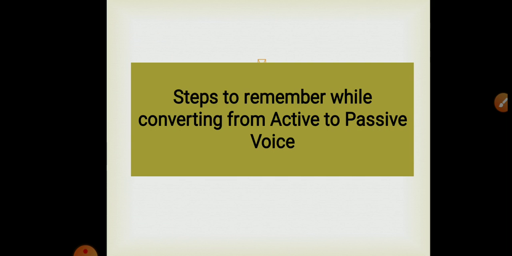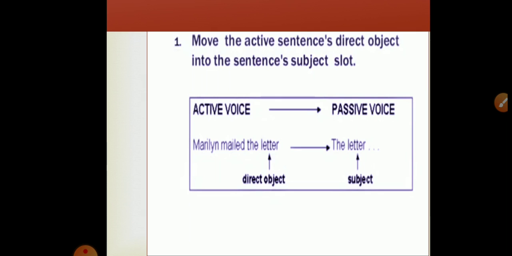Now, steps to remember while converting from active to passive voice. I have mentioned a few rules here. Move the active sentence's direct object into the sentence subject slot. This means we have to move the object into the subject slot.